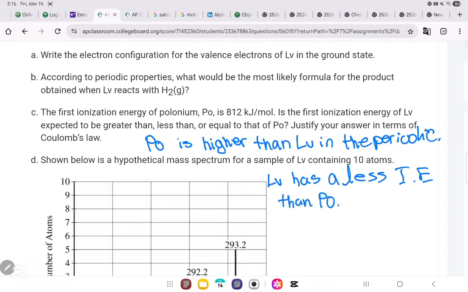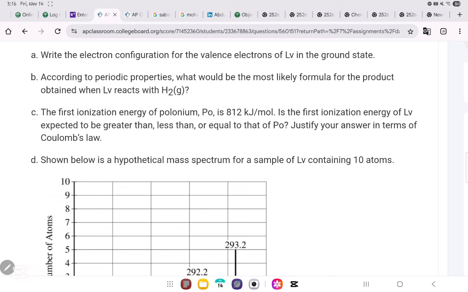Now, after I state this, I need to resort to my explanation. I just finished the first part of the question, which is to identify and state. Now it's to explain my answer. Why is Lv's ionization energy less than that of polonium? Using Coulomb's law.